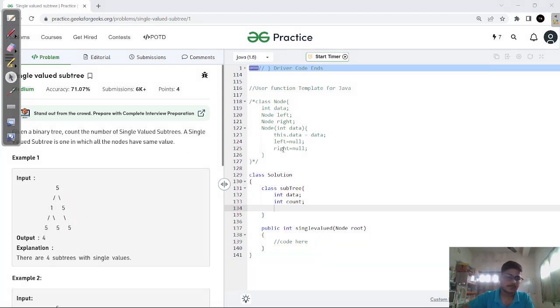So here will be a boolean value which is called flag.